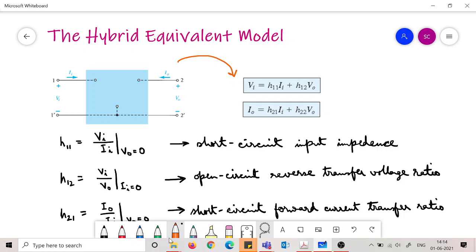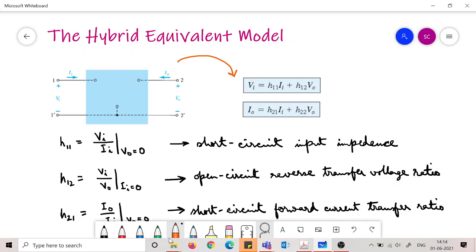Similarly, H12 is trying to relate V0 to Vi. So these things should get familiar in your head.